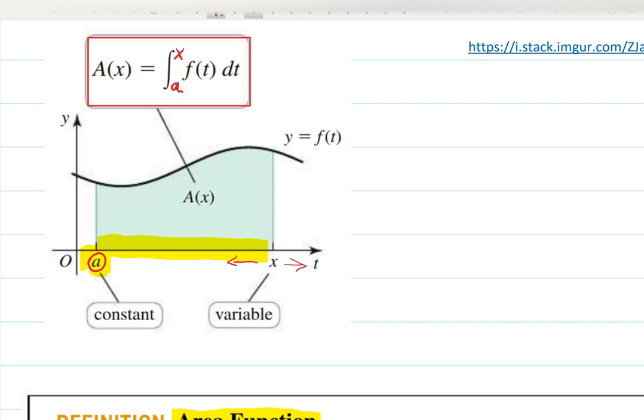Why do we use f of t dt? We used to have f of x dx. Well, if you remember, this is a dummy variable, right? So it doesn't really matter what variable this is. I can do f of j dj if you want. But since we don't want these two to be the same, x and t mean different things. T is a dummy variable, while x is actually important.